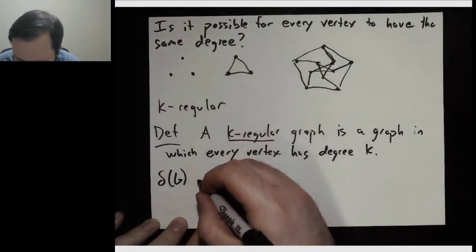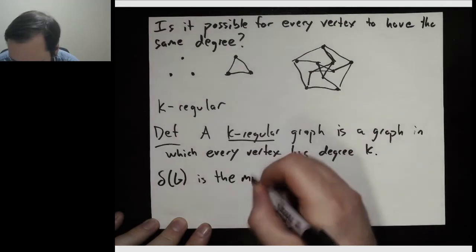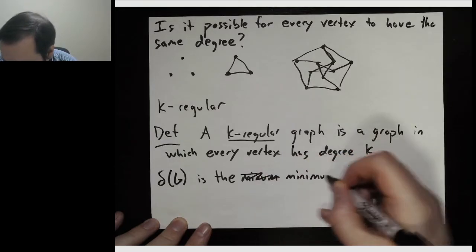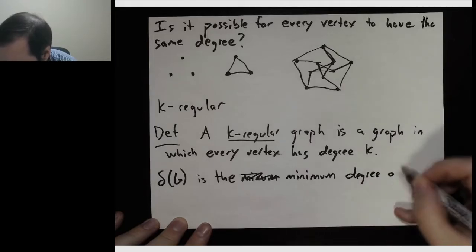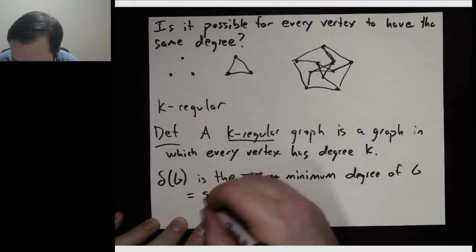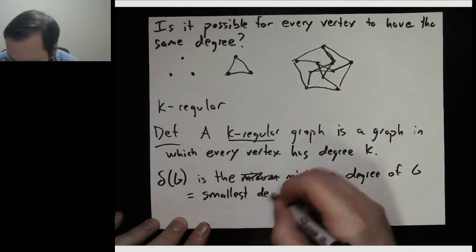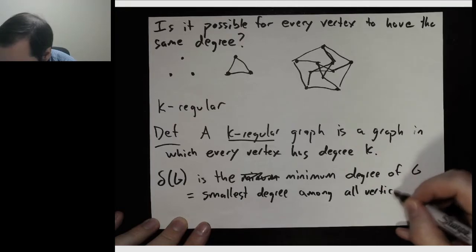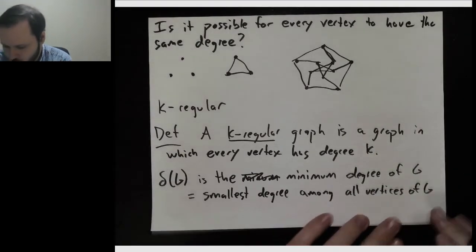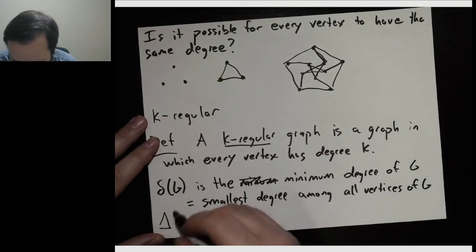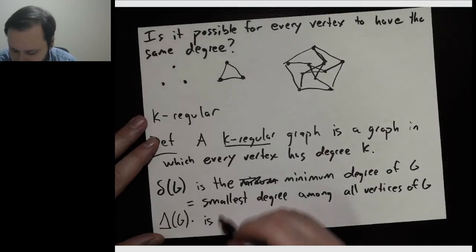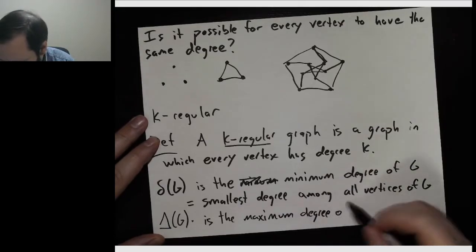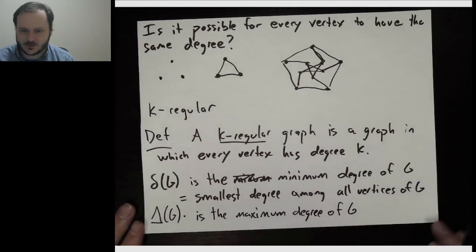So lowercase delta of G is the minimum degree of G, which is the smallest degree among all vertices of G. And we also have capital delta of G, which is the maximum degree. That's the largest degree amongst all vertices of G.